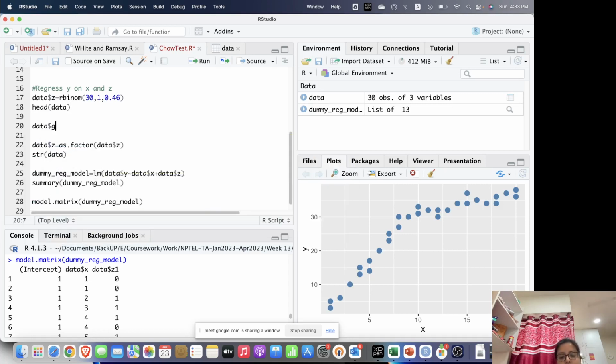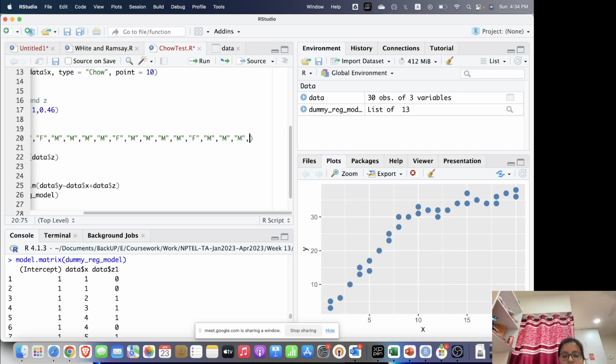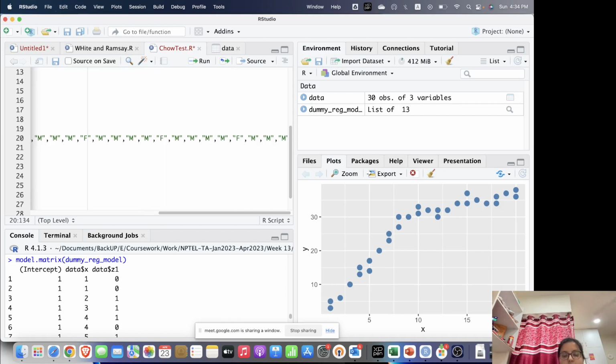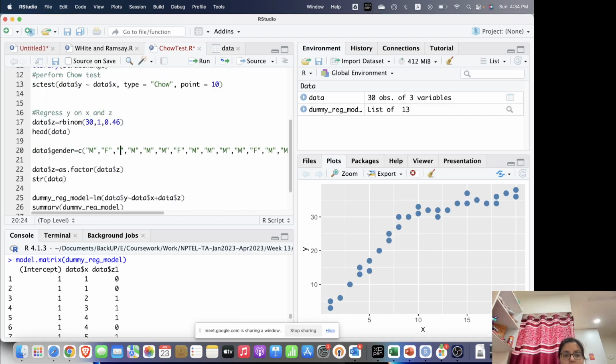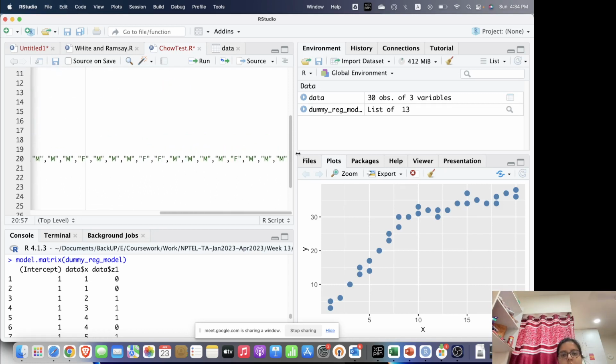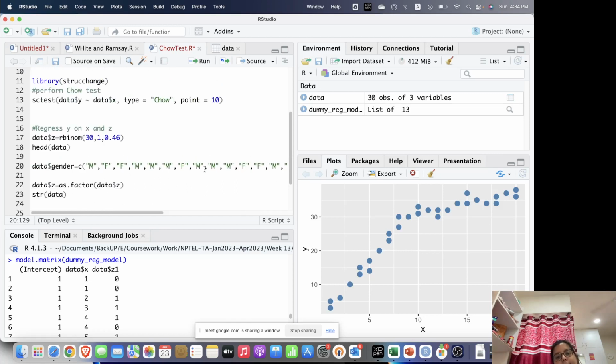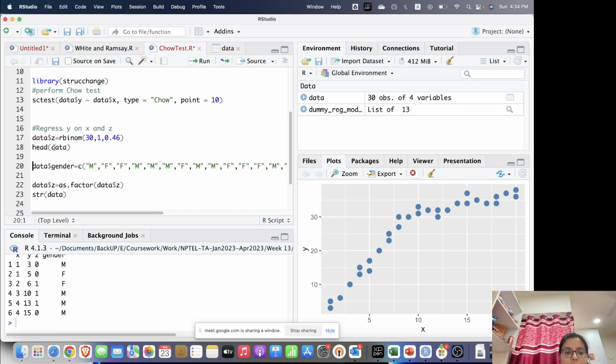So data gender equal to, I'm going to write 30 male and female entries.